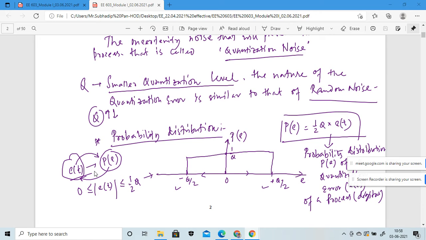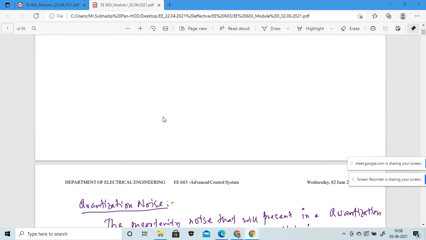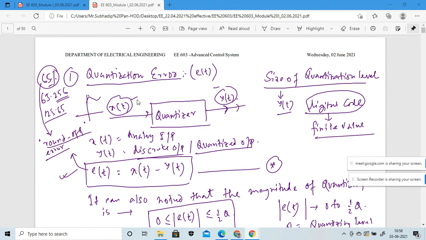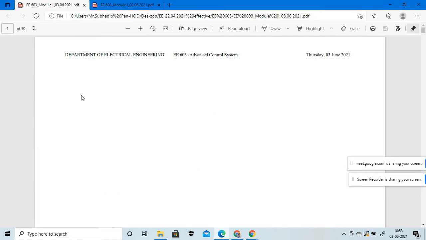Today, I have already told this particular diagram where we are using this quantizer block. So again we will discuss this according to the graphical format.